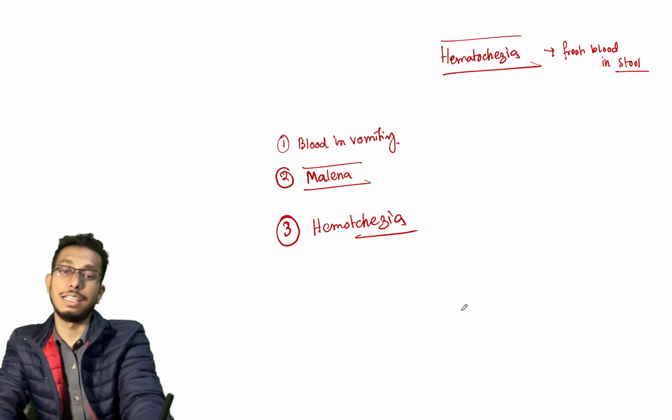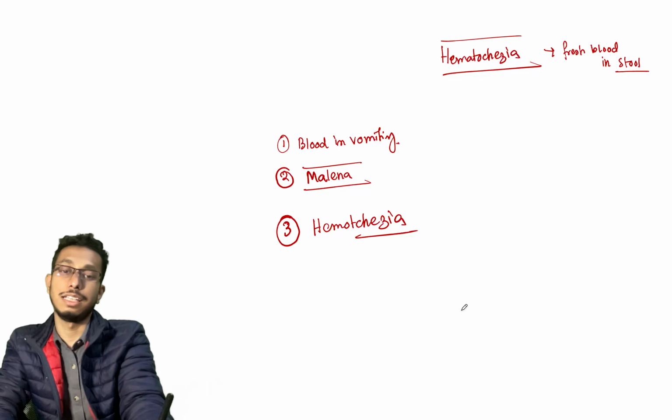It can be due to the mucosal tear in the lower part of the esophagus known as the Mallory-Weiss tear. There can be a case of variceal development in the GI tract seen in case of chronic liver disease, as well as it can be due to any other pathology.